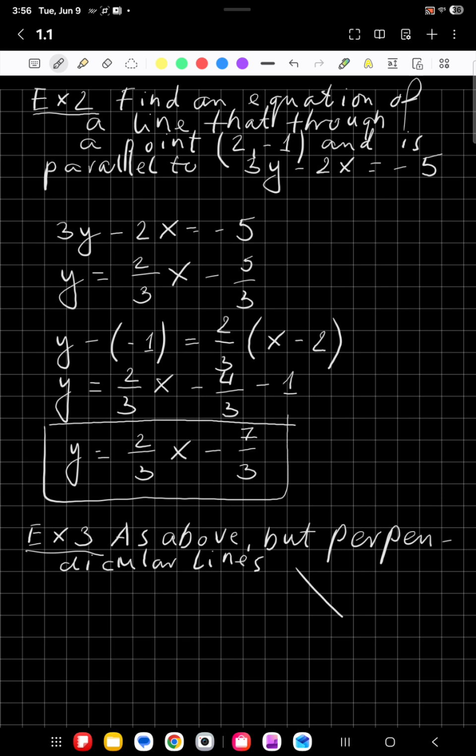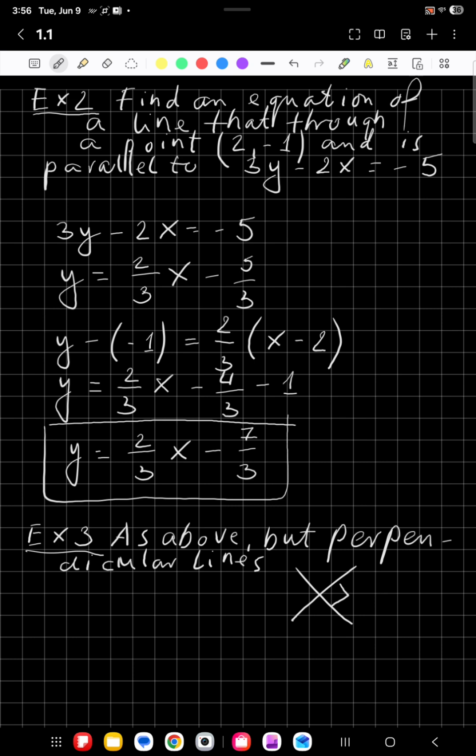And so perpendicular lines, yeah, it'd be like this, 90 degrees between them. And when we're finding a line that's perpendicular to the other one, obviously the slope will not be the same, right?